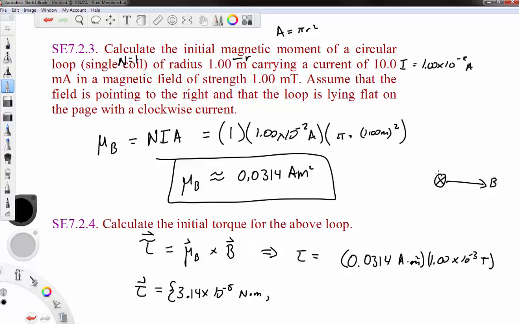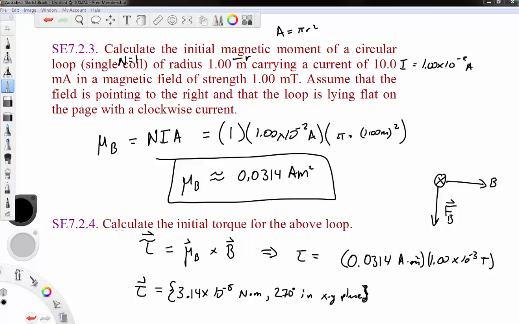It's pointing downward. So that means that the torque is in this direction. That's traditionally the 270-degree direction in the XY plane, or in the plane of the screen, however you want to specify that. It's along the negative y-axis, basically.